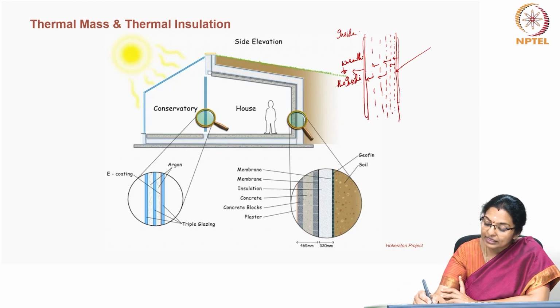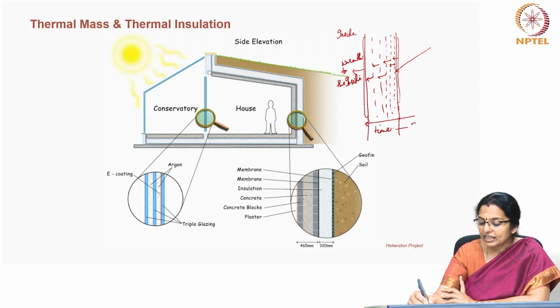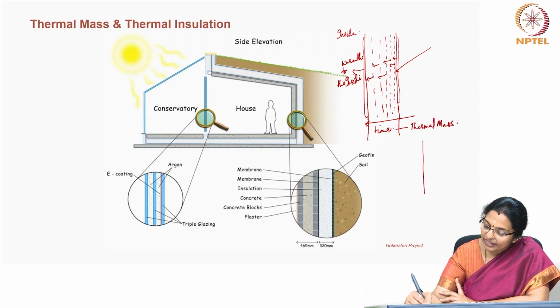this heat reaches the inside. So, what is the time? That depends upon the thermal mass. If you have a very thin wall, the heat from outside will reach inside in say X hours.